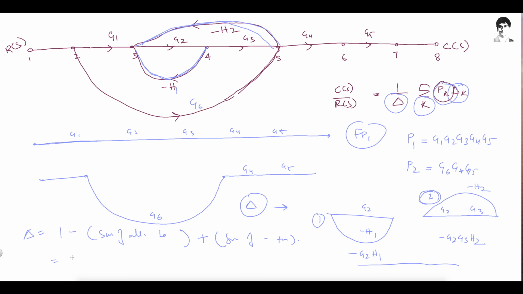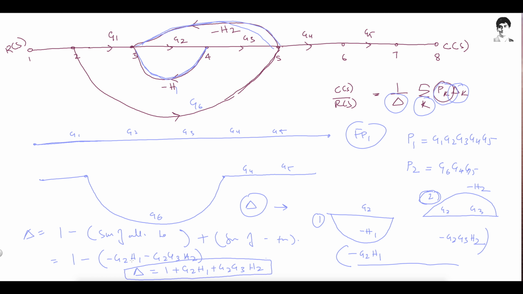So delta is going to be 1 minus sum of these two. What is the sum of these two? Minus G2 H1 minus G2 G3 H2, which is basically 1 plus G2 H1 plus G2 G3 H2. So this is our delta value.